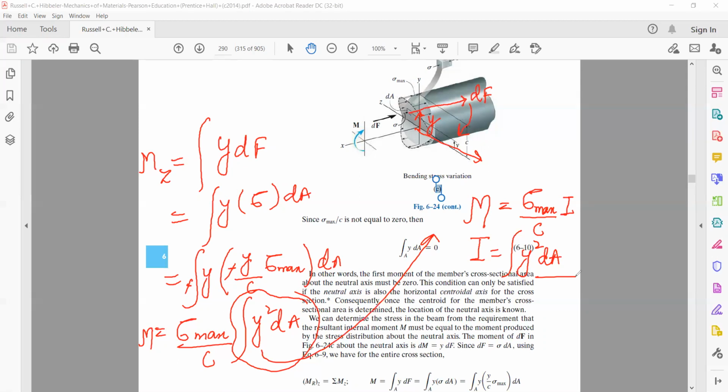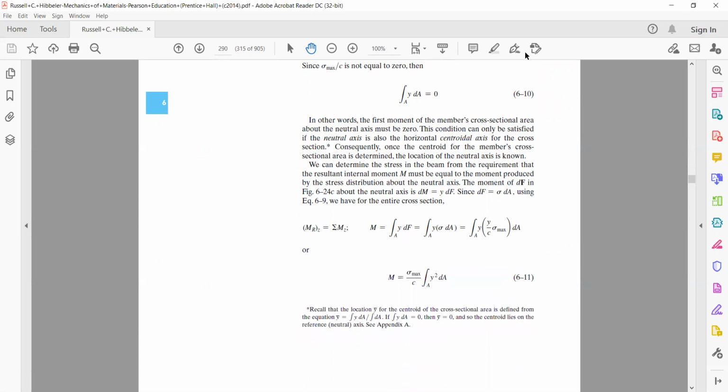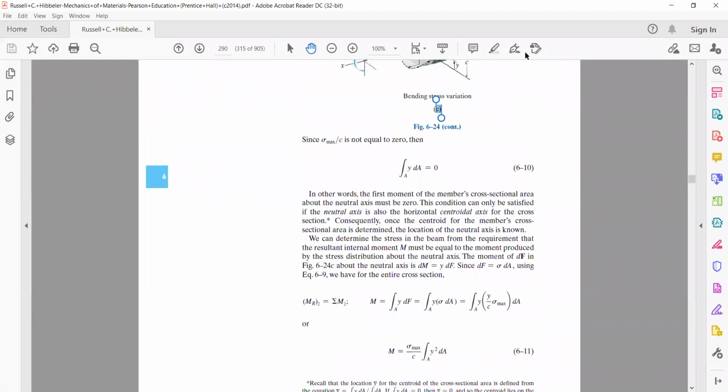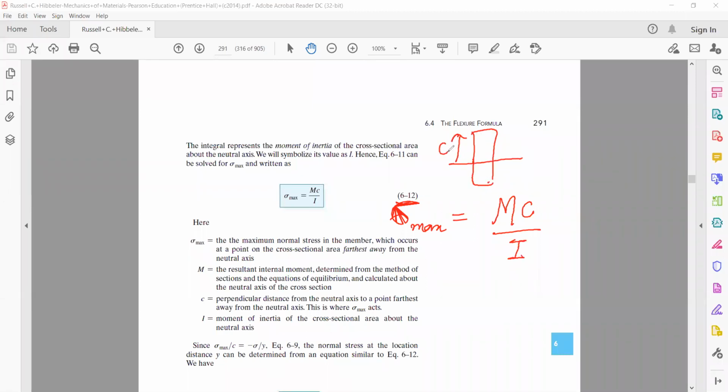Now, as we go ahead, what we have is this equation. Sigma max is equal to M into c divided by I. This is the maximum value, and this maximum value of the stress is at a distance c from the neutral axis.